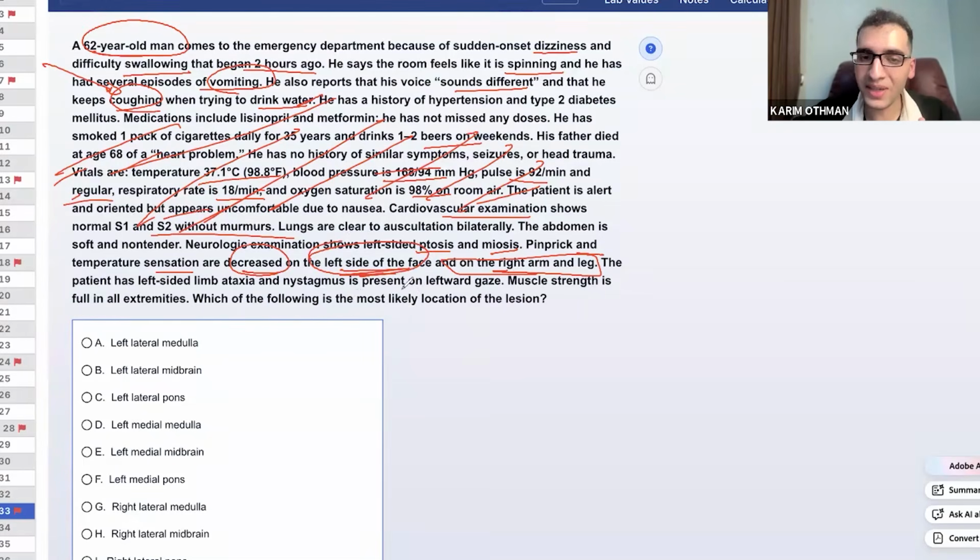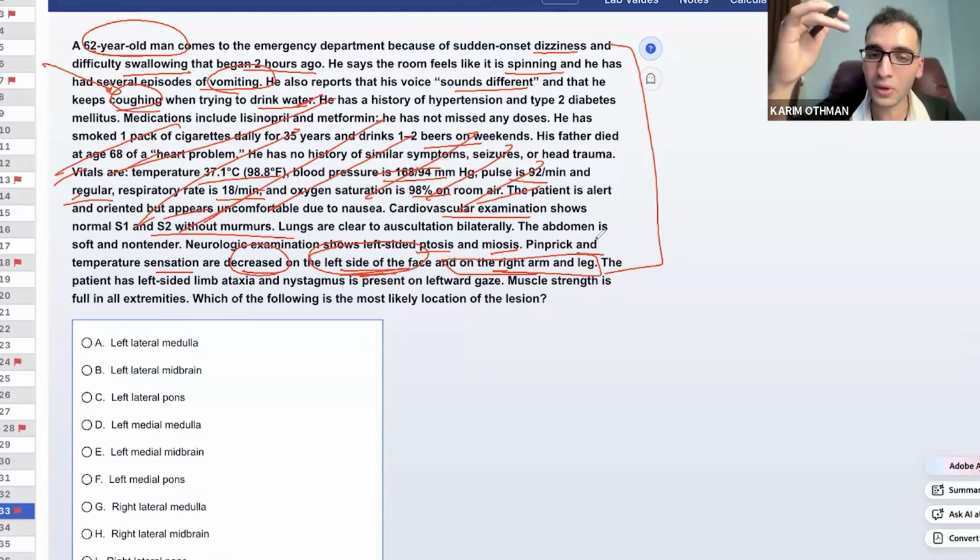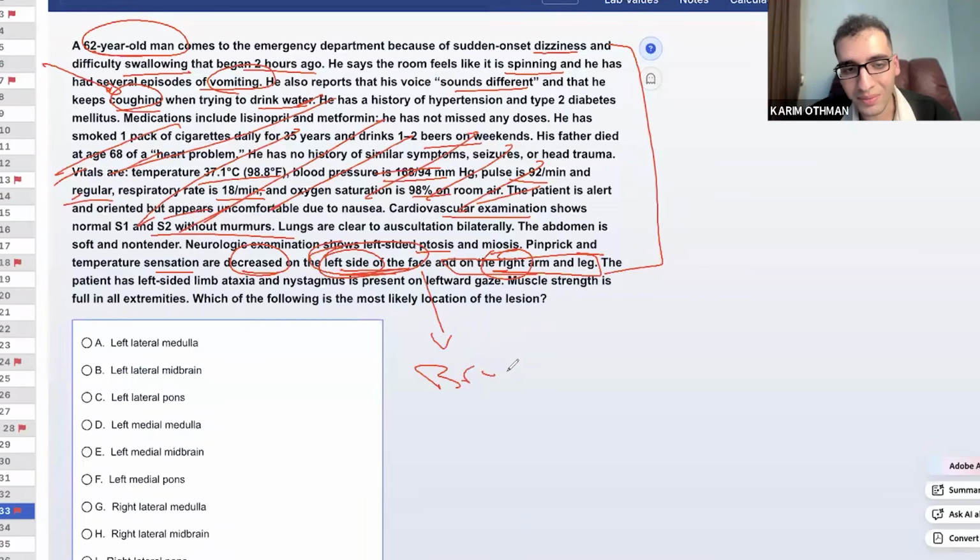It may sound obvious to you guys, but if you see an actual question like this and it's pretty long, you can miss this specific detail because the question is too long and you will not focus that much. That's why I need you, while you answer neuroanatomy, to be intentional and answer with focus. So we know it's the left side of the face and the right side of the body, so I know it's a brainstem problem.